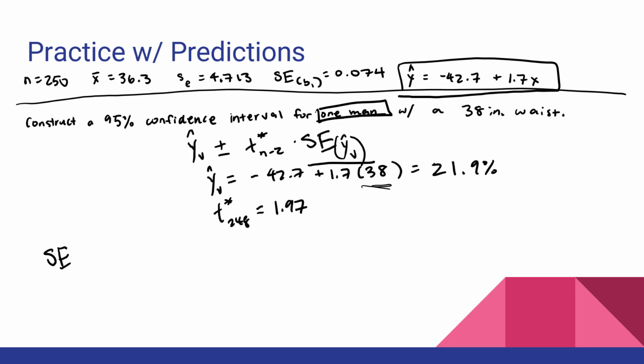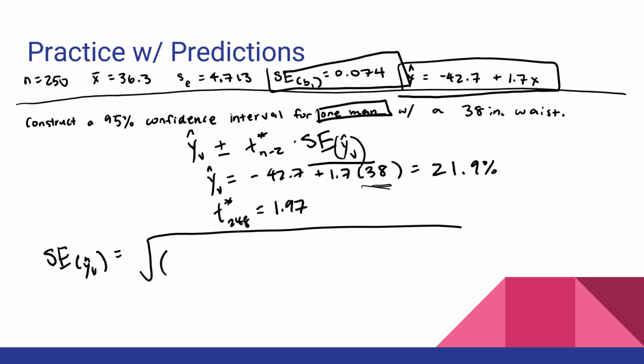But our standard error, that formula is going to be equal to the same formula as last time, but plus an extra value to account for extra variation. Our first term is going to be the standard error of our slope squared. So SE of b1 is 0.074, 0.074 squared times the x value we're making a prediction about.